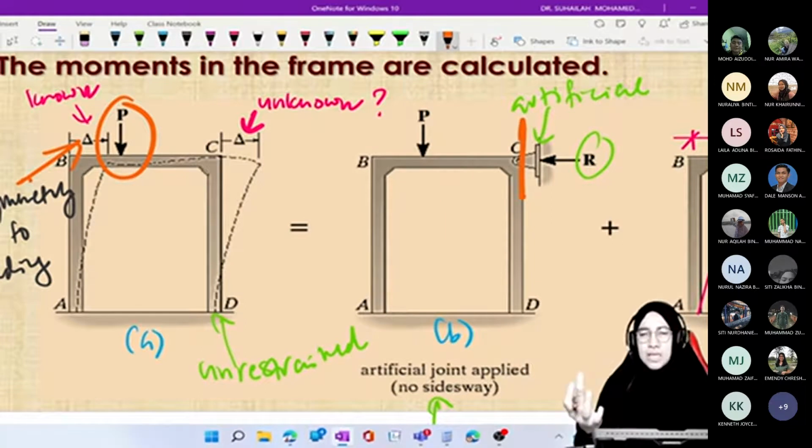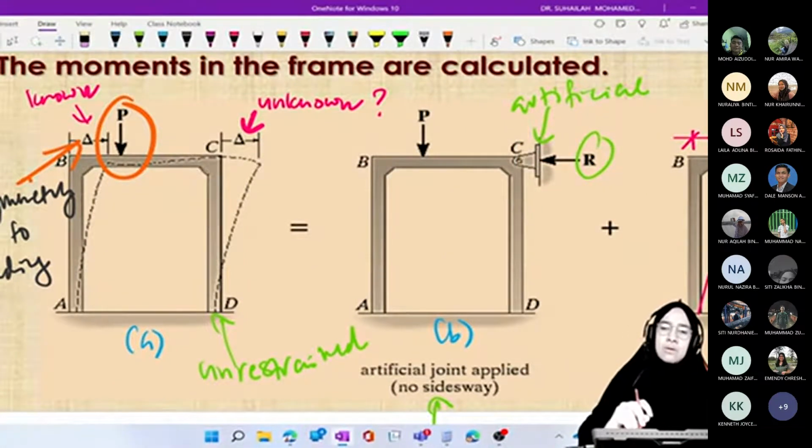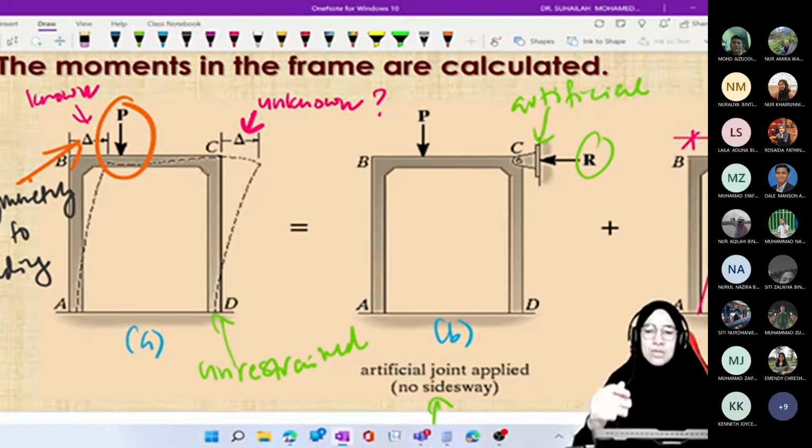Representing the wall, it can be roller, pin, or fixed, depending on how we put the support. But in this Hibbeler textbook, it suggests we put a pin support and just focus on the restraining force, called R. If you want to put a roller, some books put the roller in this direction so that it also brings the restraining force.